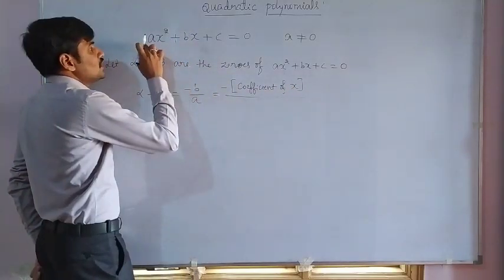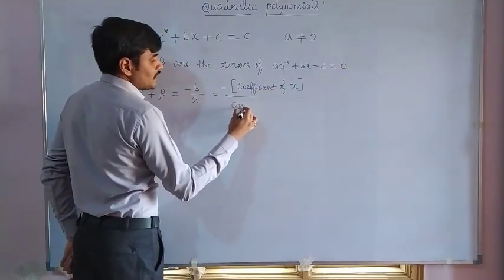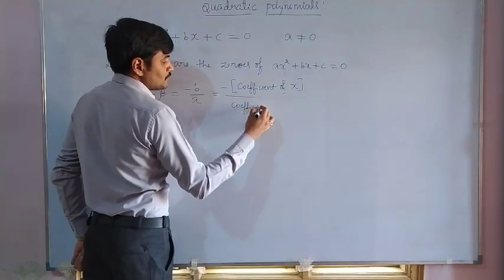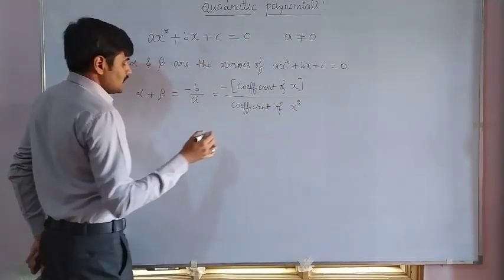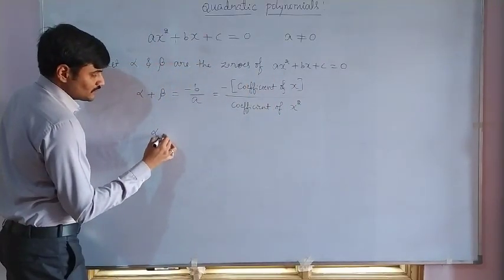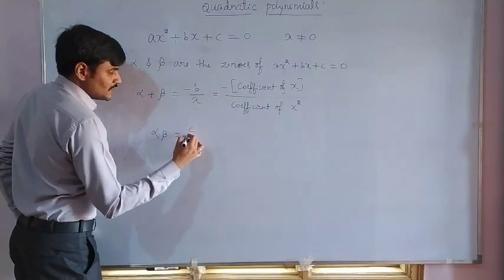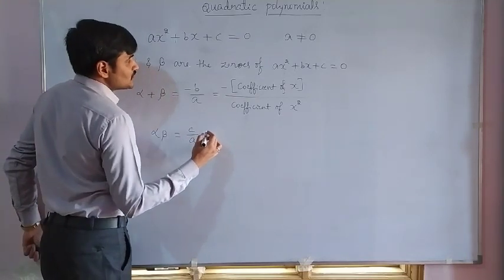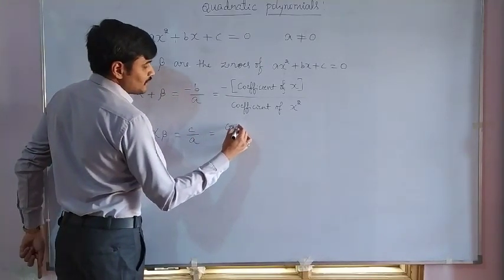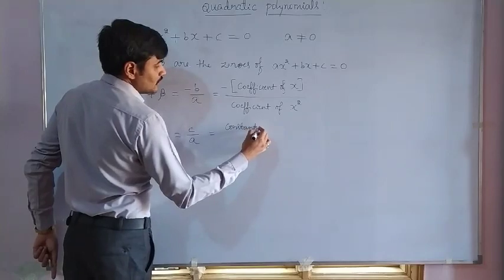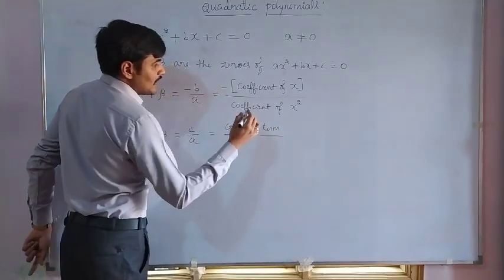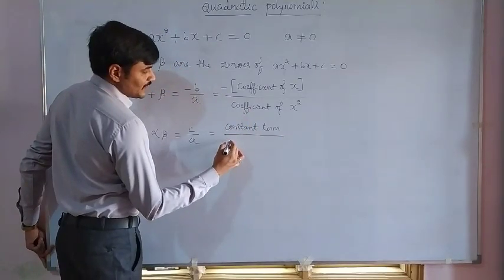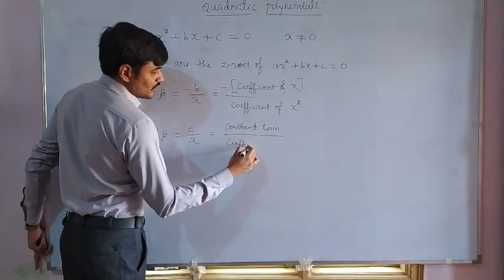Similarly, a is the coefficient of x square. Now, similarly, the product of the zeros is c by a. So, c is the constant term in the given polynomial, the constant term without variable, and a is, as usual, the coefficient of x square.